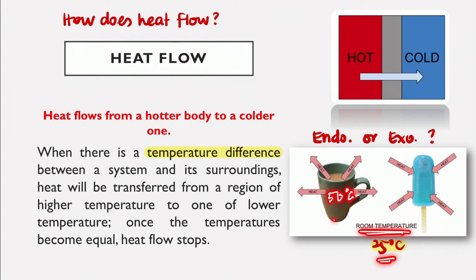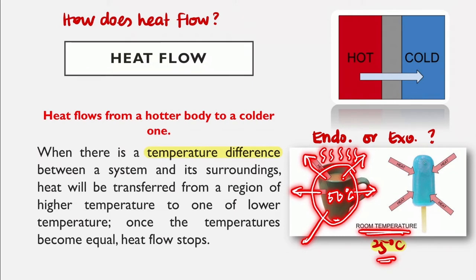Heat from this hot tea will flow from the system to the surrounding. So heat will be released. That means this one is an exothermic reaction, where heat is released.